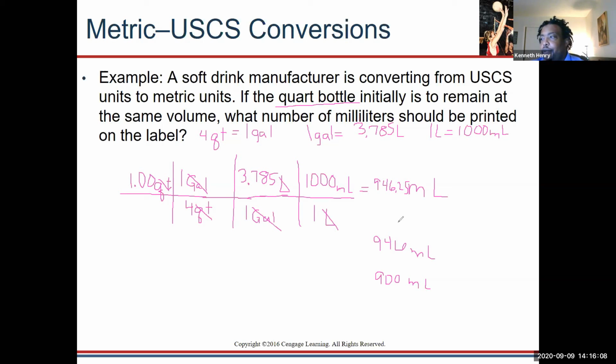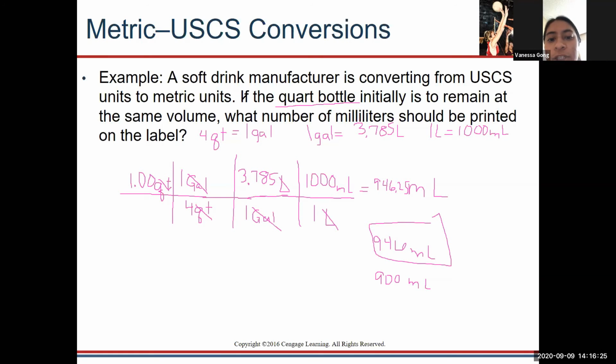So the correct answer would be that if we started off with 1.00. Although our problem didn't necessarily say that either. It actually just says a quart. So I'd probably just put 1. Unless we had our conversions actually in the question, right? Then we would calculate them in there.